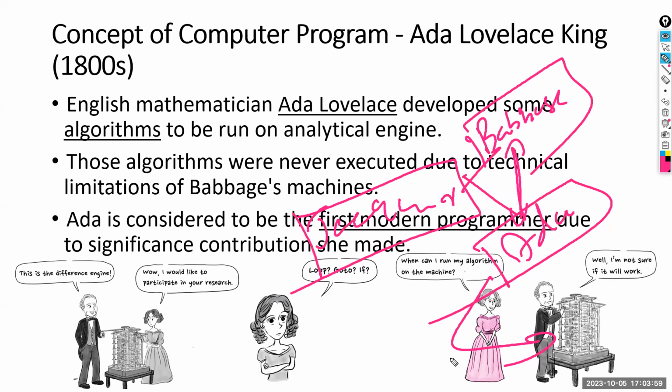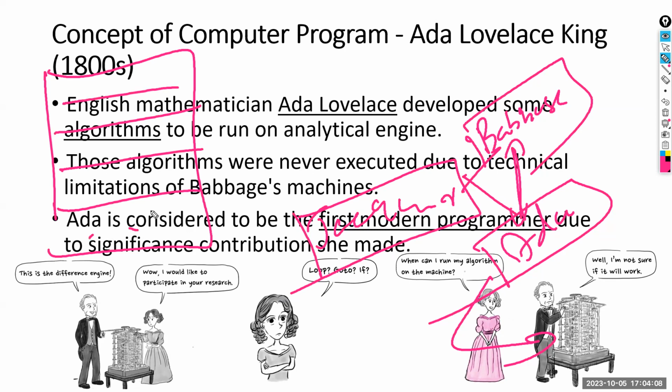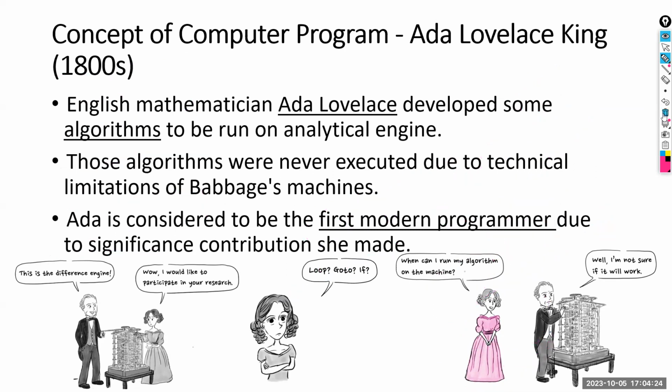Remember, those devices used punch cards, and those punch cards needed programs. Ada wrote those algorithms, but unfortunately these devices were not fully functioning, so the calculations were not 100% done. Still, we consider Ada the first programmer.